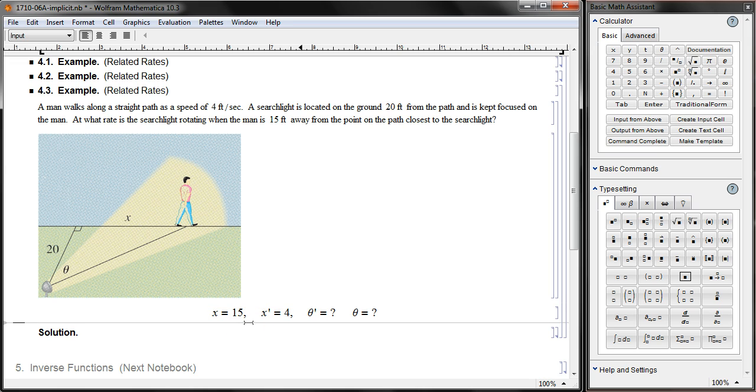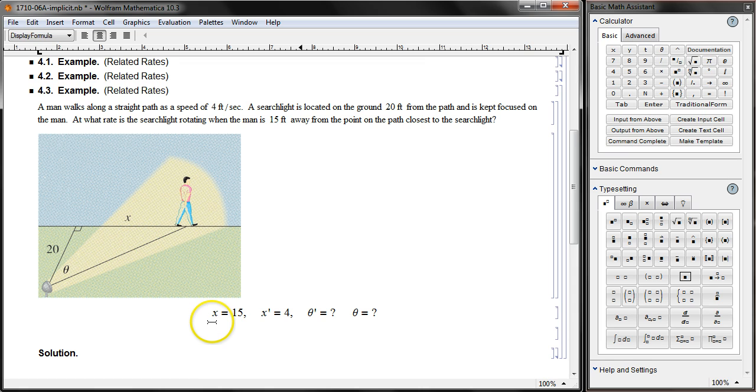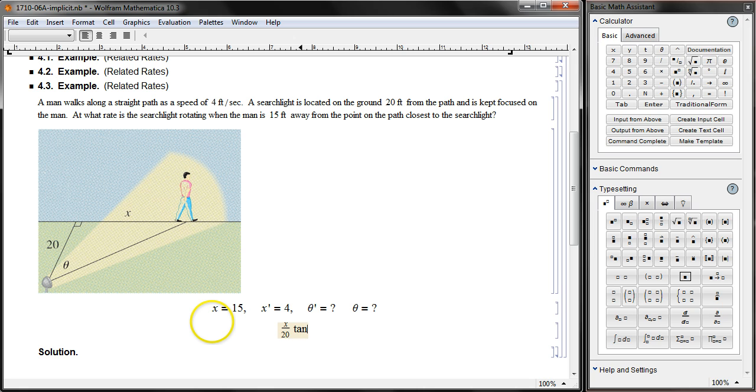Let's see. How can I find the relationship between x and theta here? We use right triangle trigonometry. See, this is a right angle, so we have right angle trigonometry. X over 20 is equal to tangent of theta, or x is equal to 20 tangent of theta, and this is the relationship between x and theta.